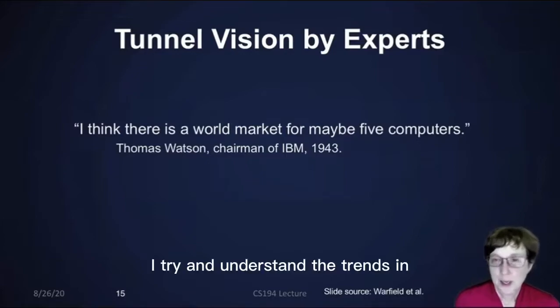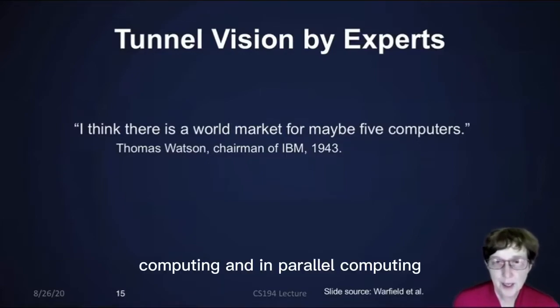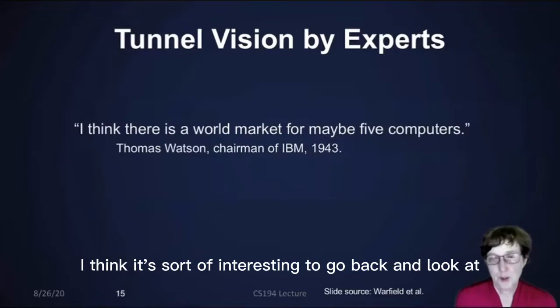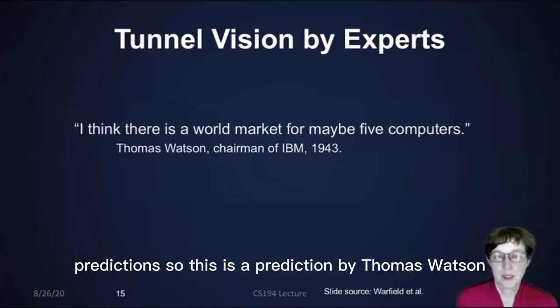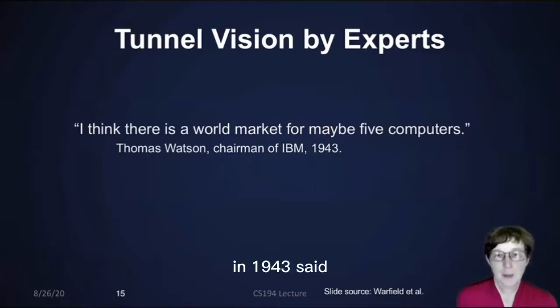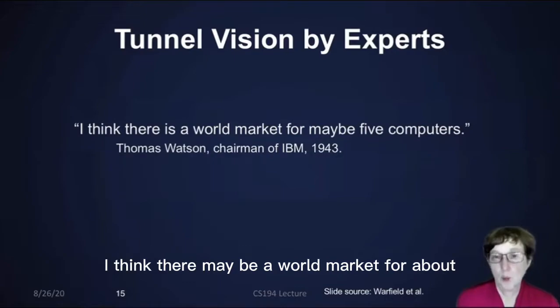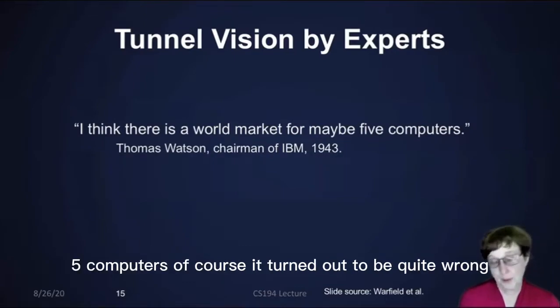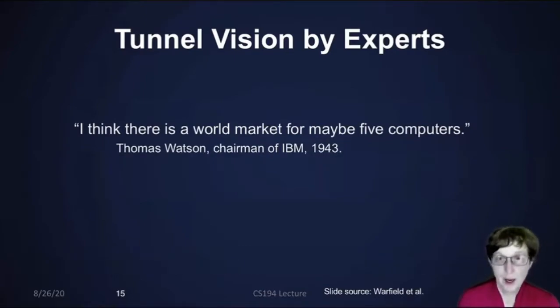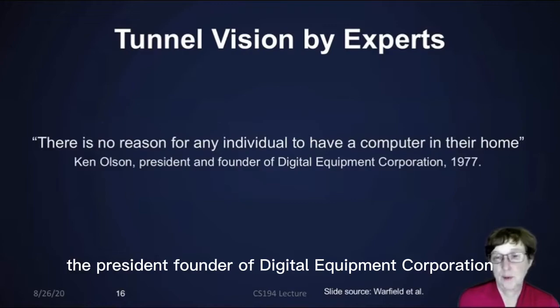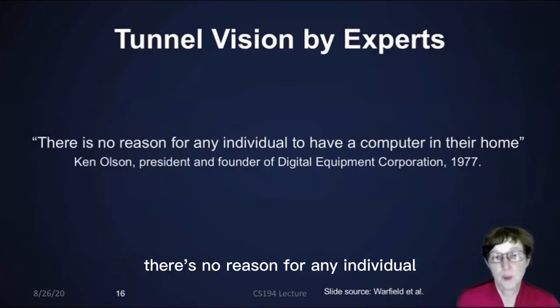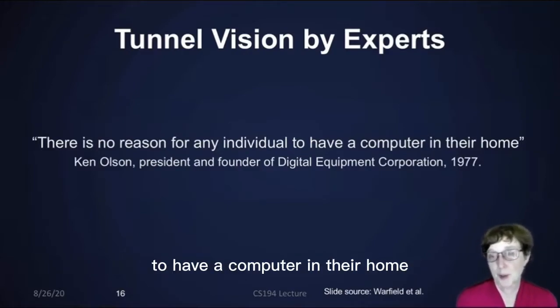Now, trying to understand the trends in computing and in parallel computing, I think it's interesting to go back and look at predictions. This is a prediction by Thomas Watson, chairman of IBM, in 1943, who said, "I think there may be a world market for about 5 computers." Of course, he turned out to be quite wrong. Another similar quote is from Ken Olsen, the president and founder of Digital Equipment Corporation: "There's no reason for any individual to have a computer in their home."